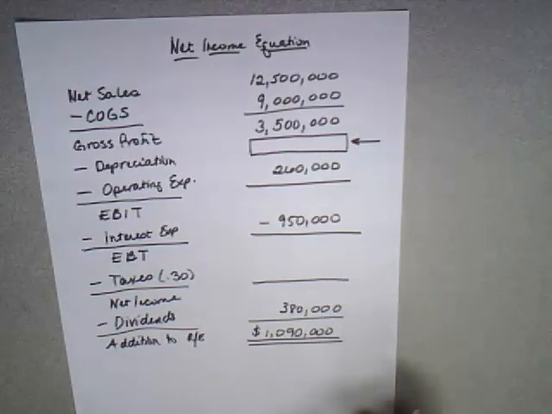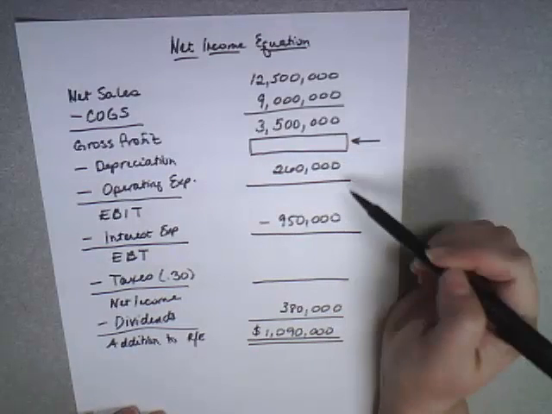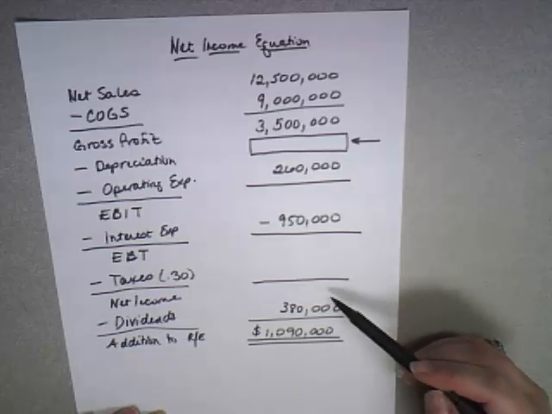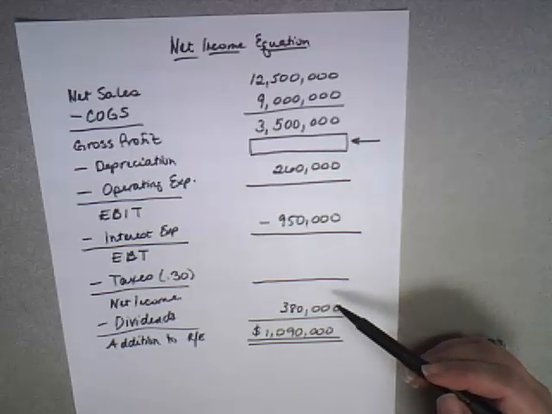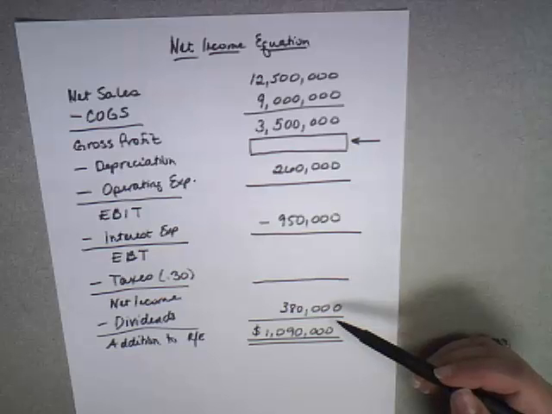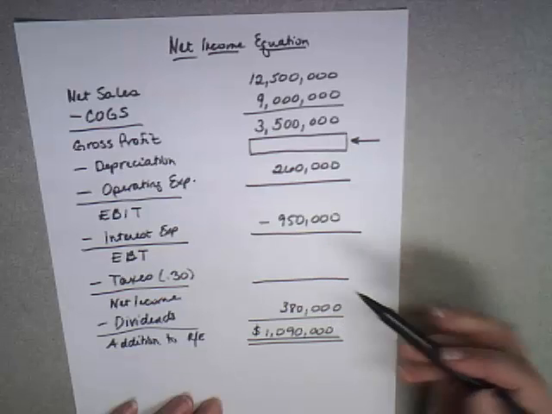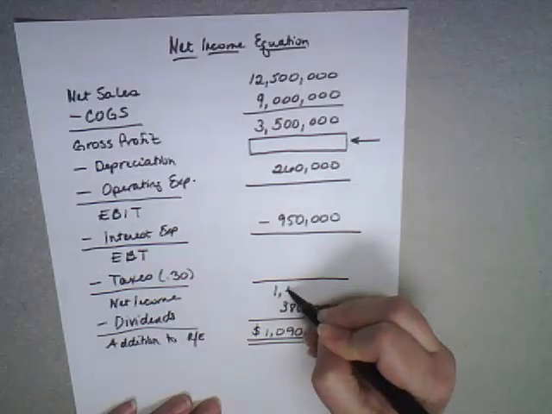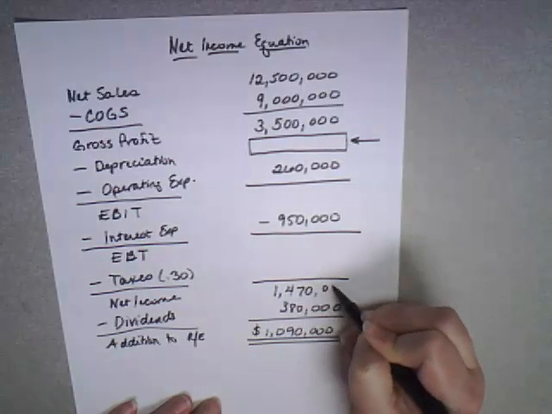So anytime I'm doing something like this, I try to knock out the stuff that's the easiest part of it first. Okay, well, first of all, we've got everything that we need right here to calculate net income. So if we take $1,090,000 and we add back to it $380,000, we get $1,470,000.